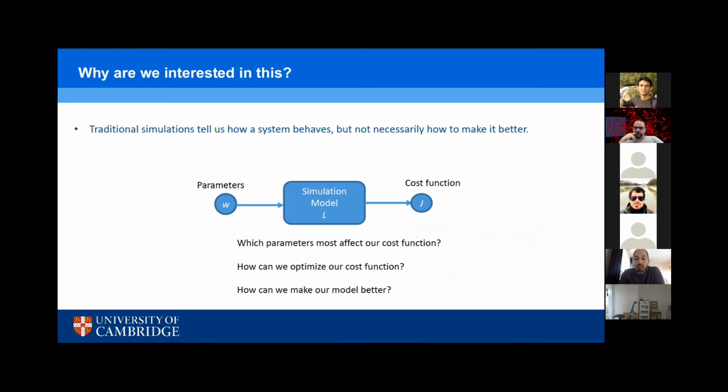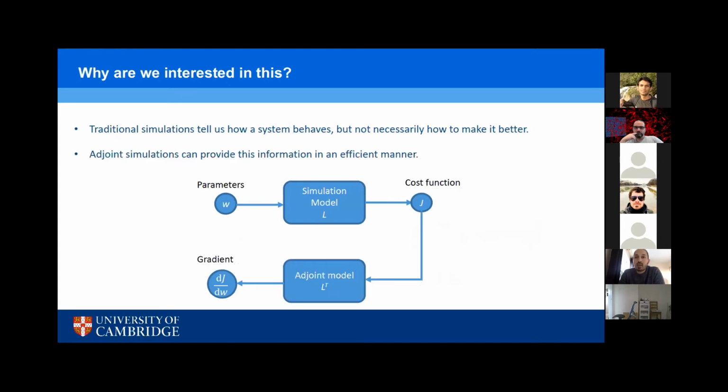And for this purpose, I am particularly passionate about using adjoint simulations, because adjoint simulations can provide us with sensitivity gradients in a very efficient manner. So whereas the traditional simulation can tell us how the parameters or the input feeds into an output or cost function, an adjoint model will be able to tell us which of those input variables are the most sensitive in affecting this cost function.